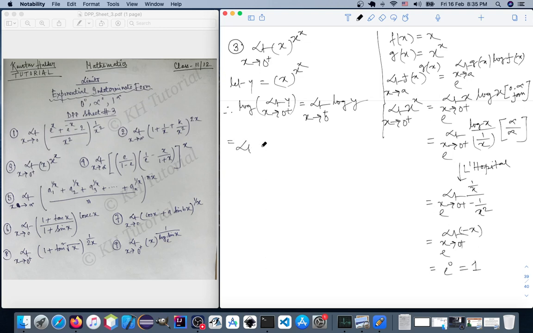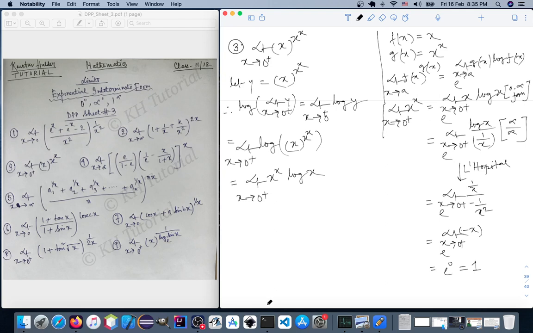This is limit x tends to 0 positive of log of x to the power x, which is x to the power x and log x.